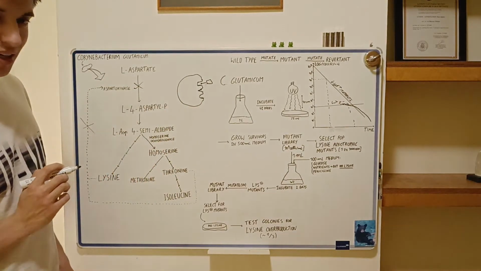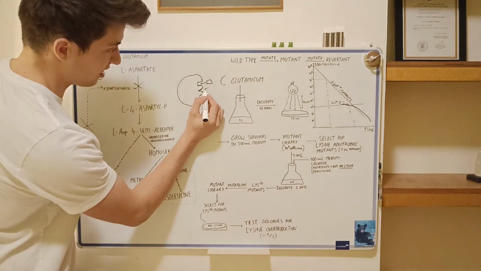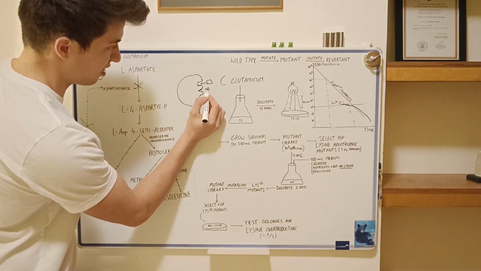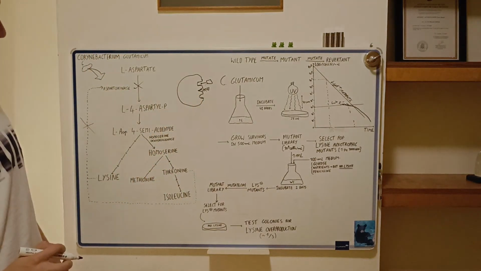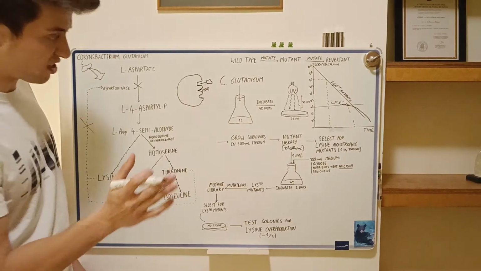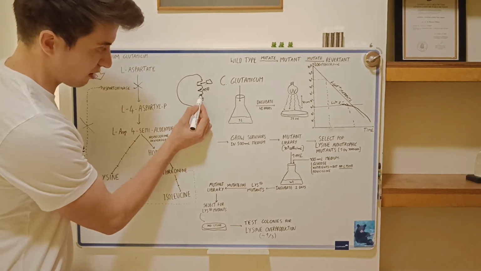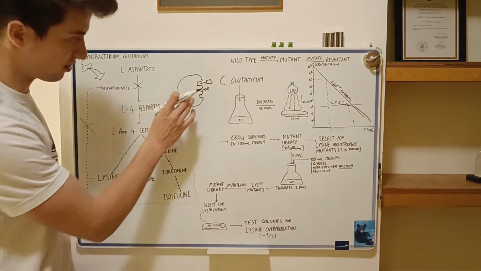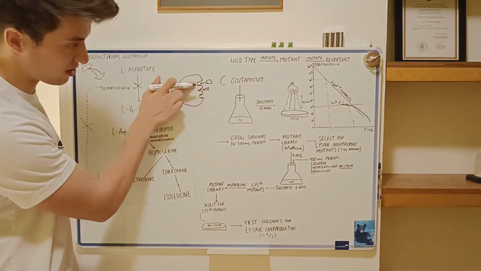And what does this imply? Lysine cannot bind anymore to our aspartokinase. This mutation could also take place here for threonine, by the way. Doesn't really matter, but it has to be close to this allosteric center.